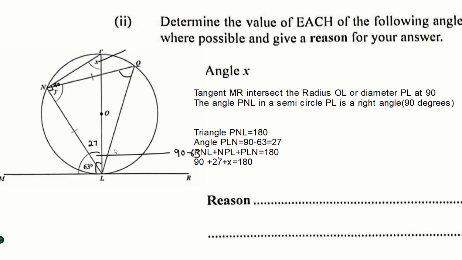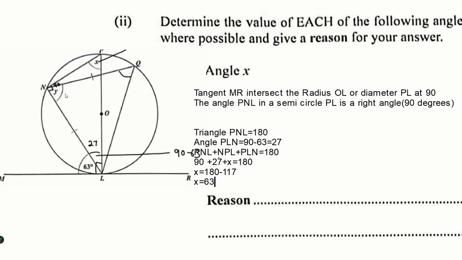Right, so X would be equal to 180 subtract 90 plus 27, which is 117. So 180 minus 117 is equal to 63. So X is equal to 63 degrees.